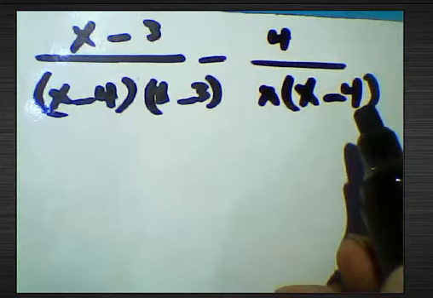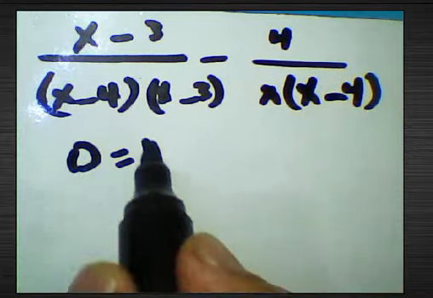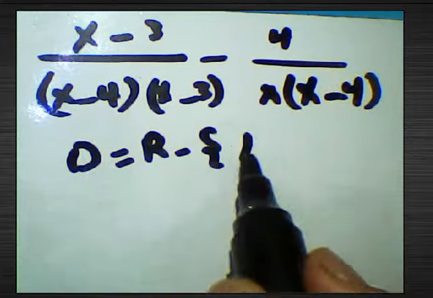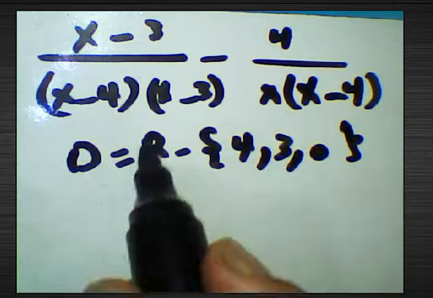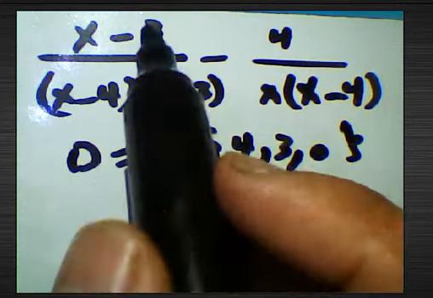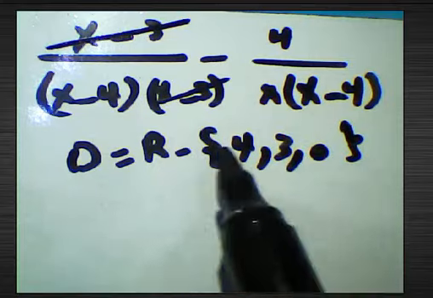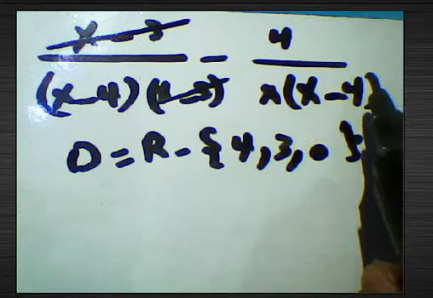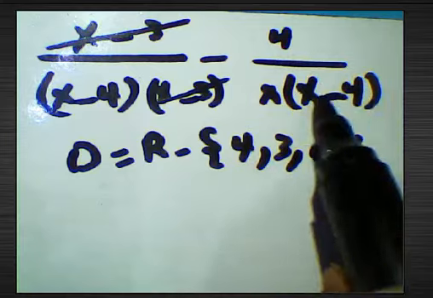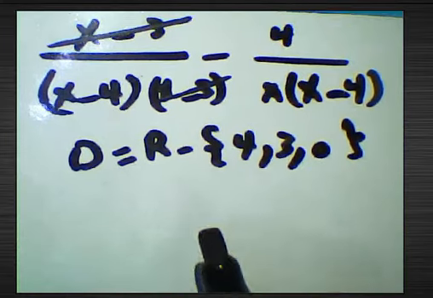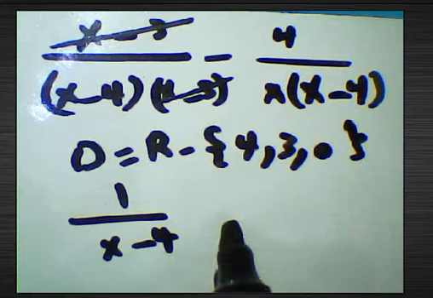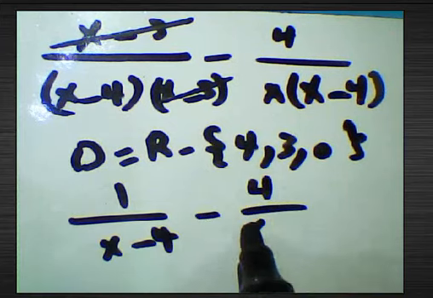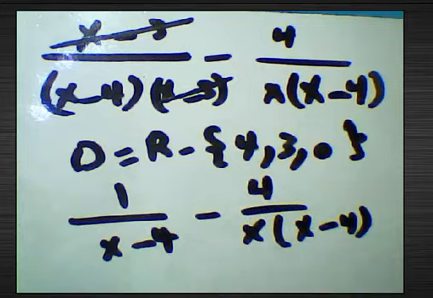And then you can find the domain of this function: R minus the set {0, 4, 3}. And then you can simplify this fraction by cancelling expression by expression. Okay, I will complete this example. Write 1 here in the numerator, and x minus 4, minus 4 over x times (x minus 4).